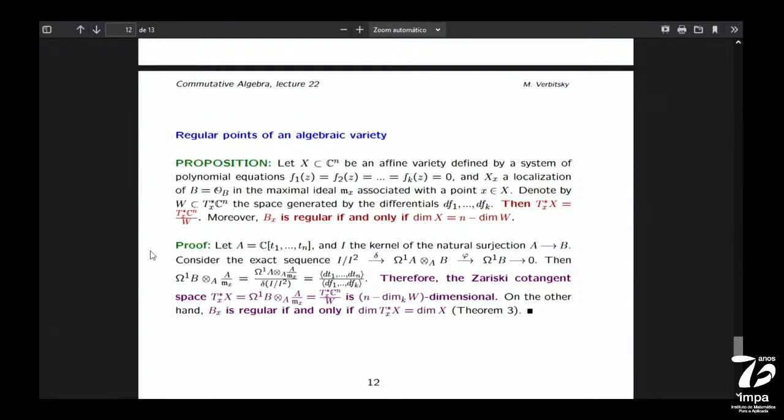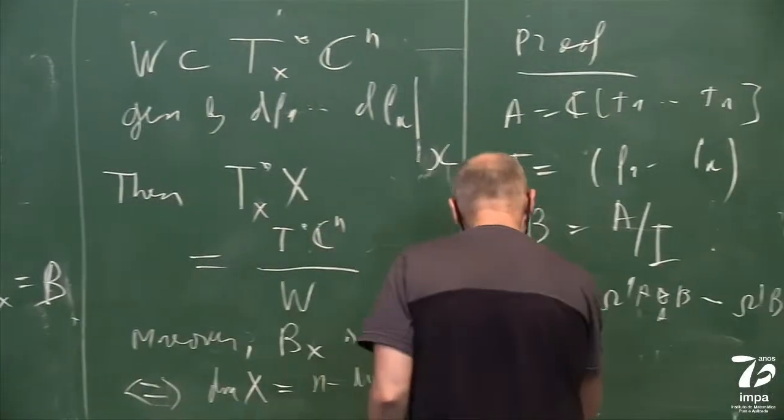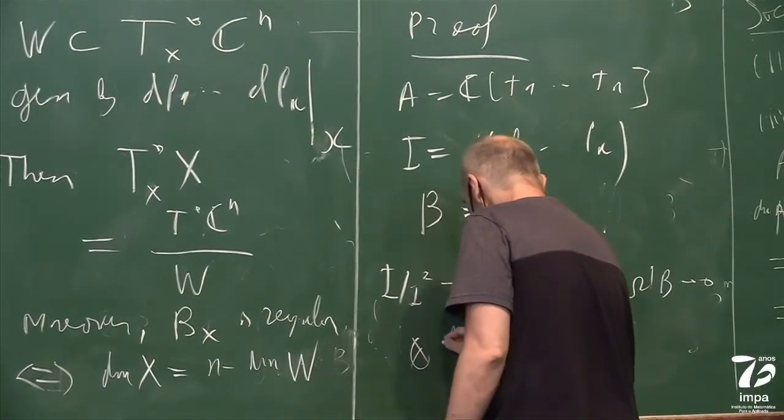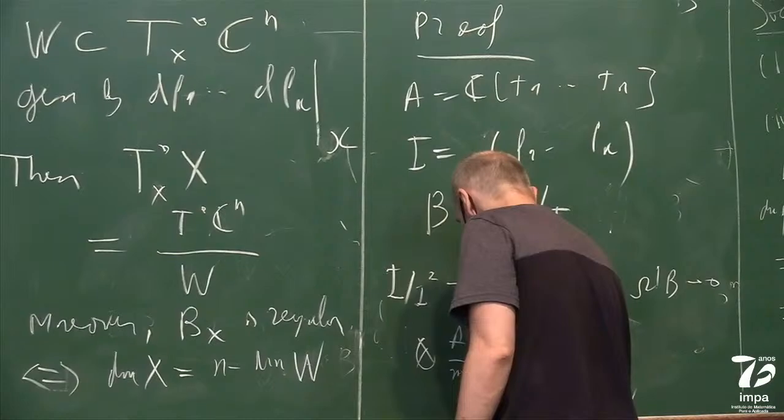So we shall multiply everything by this, by the field associated. So we shall multiply this exact sequence by A quotient by mx.